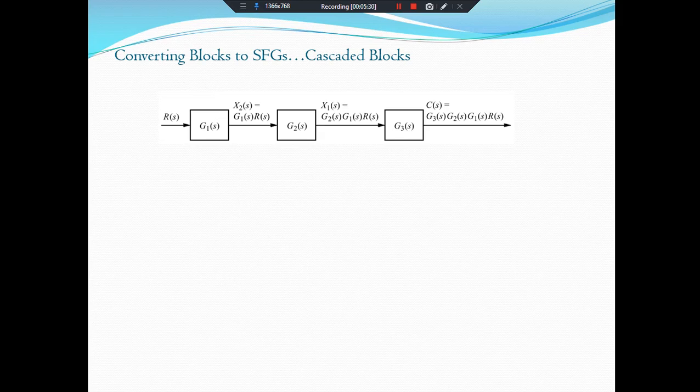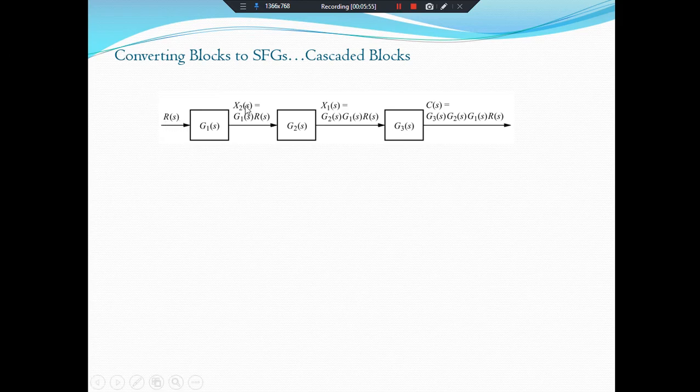So here comes the first case, in which we have to convert this cascaded block into a signal flow graph. As we know, when there is a signal, R(s) or any signal, we will represent it by a node.